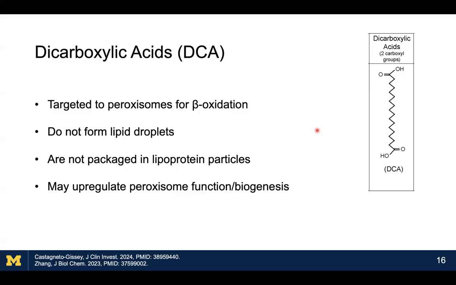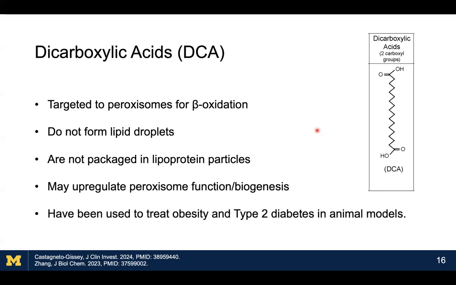They're more soluble than a regular fatty acid, so they travel more freely through the bloodstream, and they don't act as much like fat storage as a regular fatty acid would. There's also evidence in the literature to show that they may upregulate peroxisome function and biogenesis. And more importantly, they've been used in the past to treat animal models of obesity and type 2 diabetes.